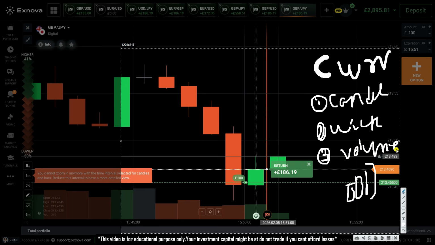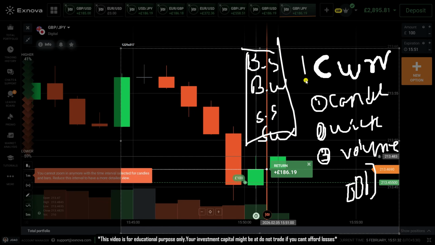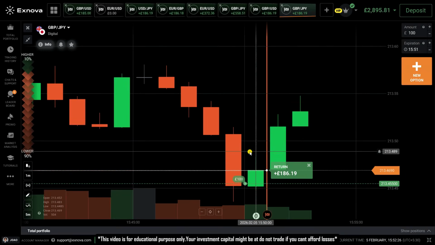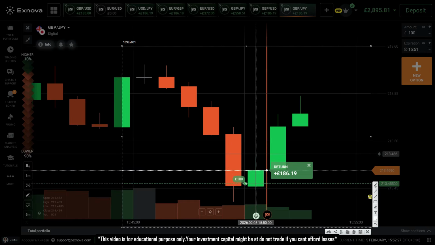And we will finalize one decision on which party is strong, which means sometimes the buyers are strong, buyers are weak, sellers are strong, and sellers are weak. So all these plus psychology, these types of reading mixed together, are called CWRV psychological trading.